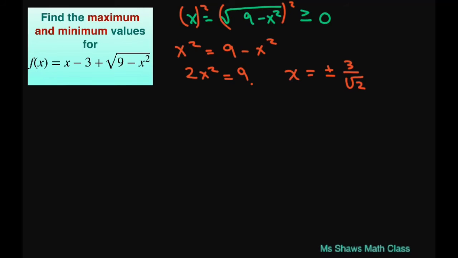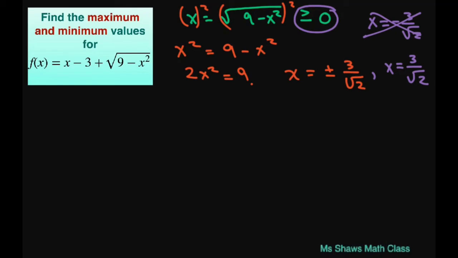However, notice we have to disregard x equals negative 3 divided by square root of 2 because it has to be greater than or equal to 0. So we only have one solution here, and that's x equals 3 divided by square root of 2.